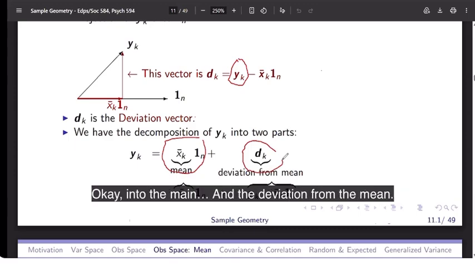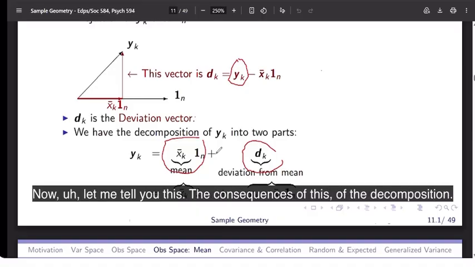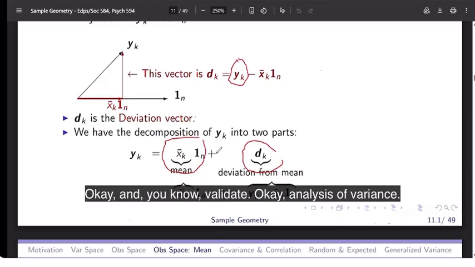Now, let me tell you this. The consequence of this decomposition validates analysis of variance. I'm going to say that again.